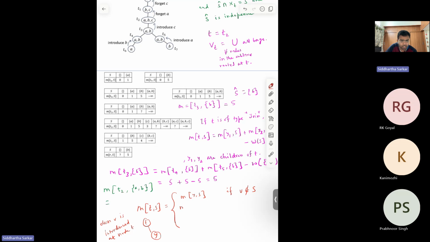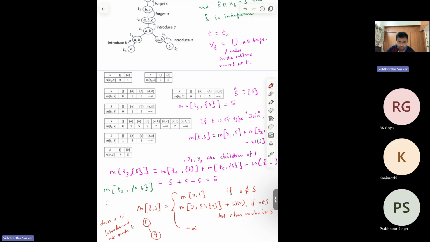Other cases I will write. M of Y, S minus V, plus weight of V. This is the situation if V is part of S, but V has no neighbor in S. The other situation is S contains V and all its neighbors.